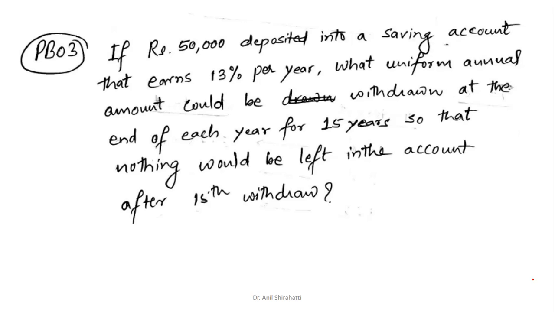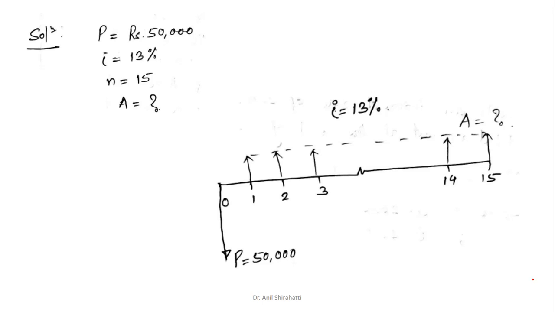So if a person wishes to deposit rupees 50,000 now, P is 50,000, deposited at the 0th year, and every year he wants to remove an amount in equal installments till the 15th year, and the amount should be constant. The bank is giving an interest rate of 13%, and we want to find what should be that value of A. So this is again the relationship between P and A only.